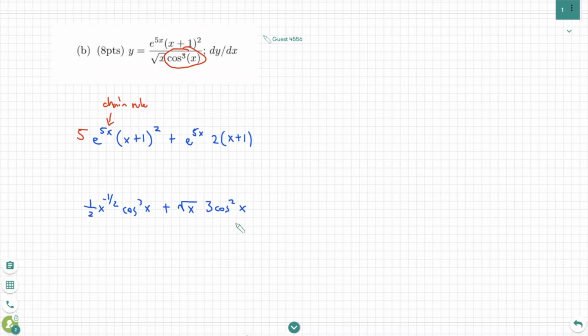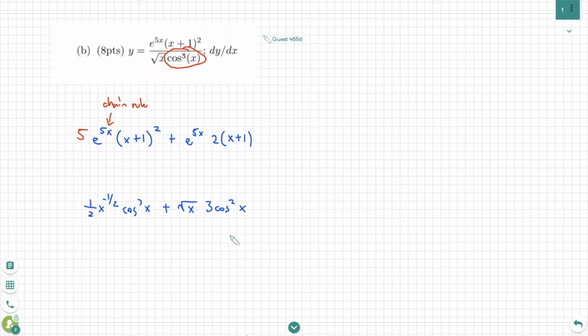Which derivative would you apply to the outside? Power rule, right? To the cubed part. What else do you have to do?